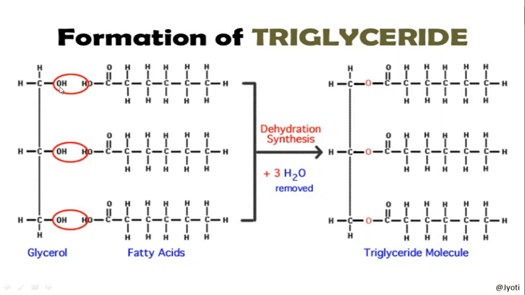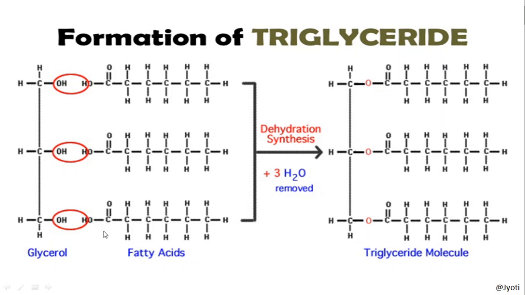These three OH groups in the glycerol can be linked with 3 fatty acids. Fatty acid means an organic compound which has a carboxyl group, that is COOH, as the functional group.